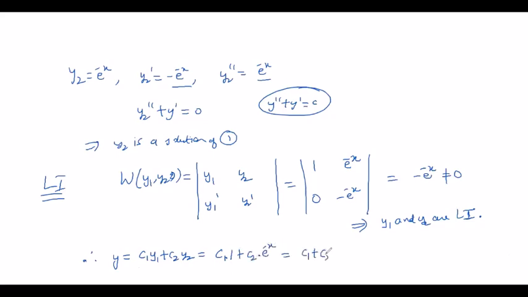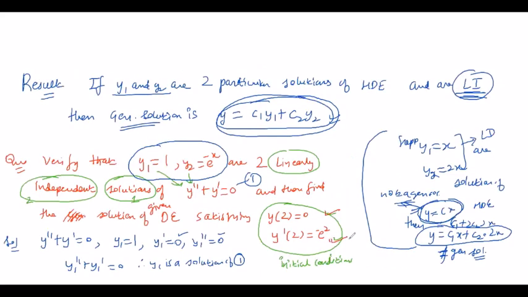So c1 plus c2 e raised to power minus x is the general solution of the original differential equation. And now specifically you want to find the solution which satisfies these two conditions. So one by one we will put these conditions and find the values of the arbitrary constants. What are the conditions? y2 is 0 and y dash 2 is e raised to power minus 2.